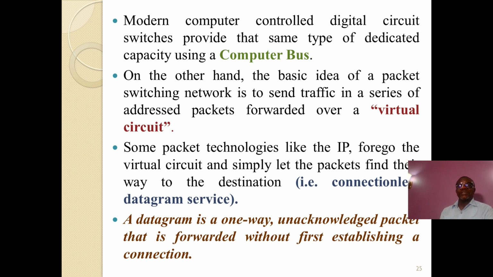So packet switching is when the packet has the address to and from, and you forward it through a virtual circuit, virtual as if there is a direct connection. Some packet technologies like the Internet Protocol forgo the virtual circuit and simply let the packets find their way to the destination. We call that connectionless datagram.